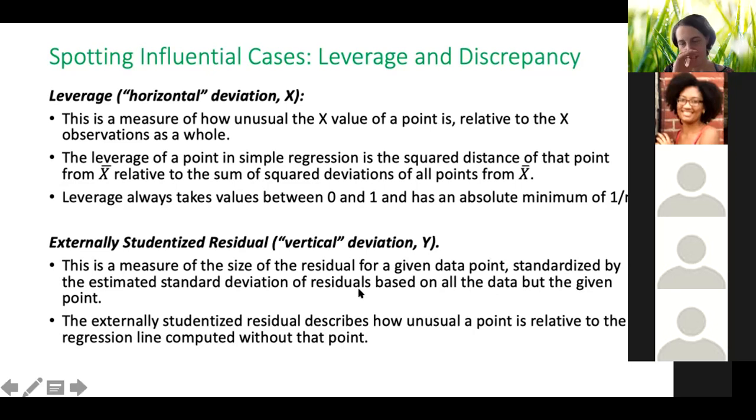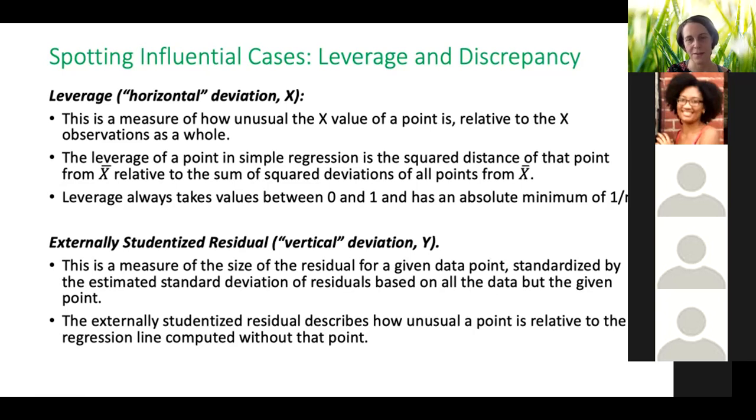So, I'm just reading my notes here. One thing that I wanted to mention, and that's also the case in R, is the internally and externally studentized residuals. The internally studentized residuals, where this case is included in the estimation of the standard deviation of the residuals, is often just called the standardized residual, right?